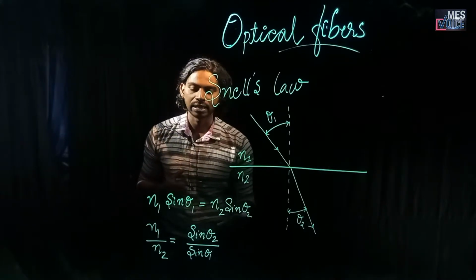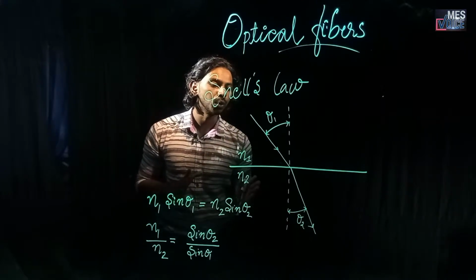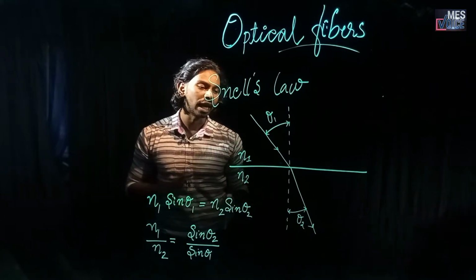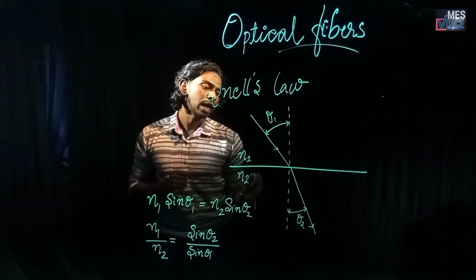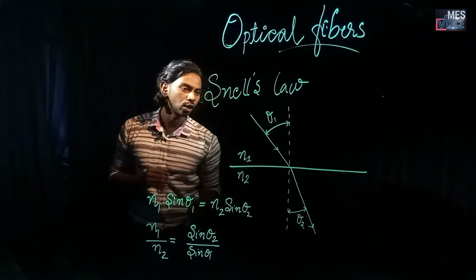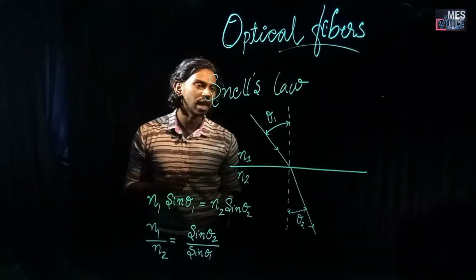So let's see the relation. n1 times sine θ1 will be equal to n2 times sine θ2. That means n1 divided by n2 will be equal to the ratio of the sine of the angle of refraction to the sine of the angle of incidence, that means sine θ2 divided by sine θ1.